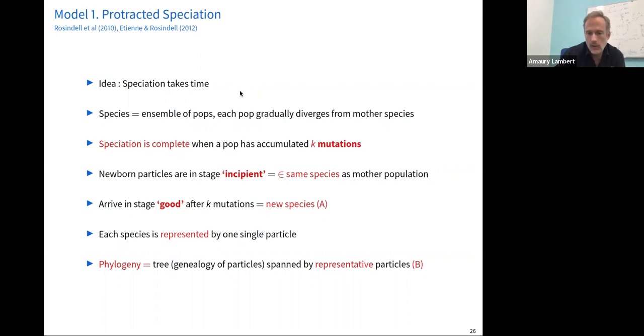And now for the phylogeny, what Rampal Etienne, our co-author, did in the work that I will now present, we will assume that each species is actually represented by one single particle. And so the phylogeny is defined, that's for B, as the tree in the genealogy of particles spanned by these representative particles. Okay, so now we have solved A and B, and now we'll see how we can do C and D.